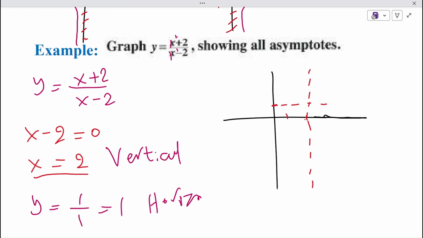Okay? So for drawing a graph, we have to take 2 points greater and 2 points less than the vertical asymptote. Let's take it here, for example.